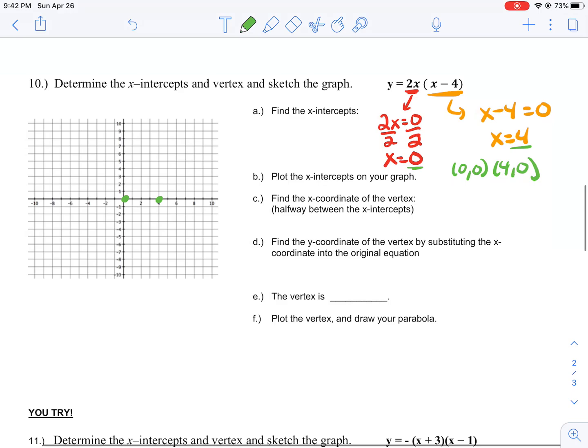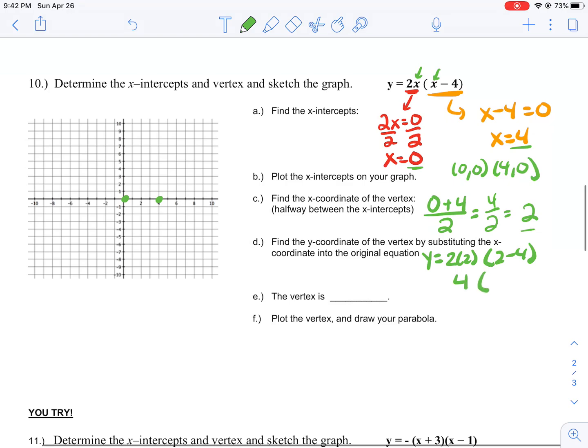Then we are going to find our vertex. So halfway between our x-intercepts: my x-intercepts were 0 and 4, add them up, divide by 2. So you get 4 over 2, which is 2. So there's the x-coordinate. To find the y-coordinate, we substitute that 2 into the x's in the original. So 2 times 2, and then 2 minus 4.